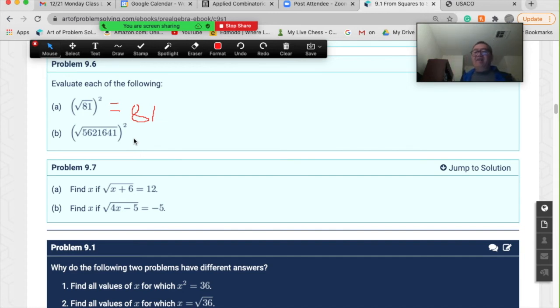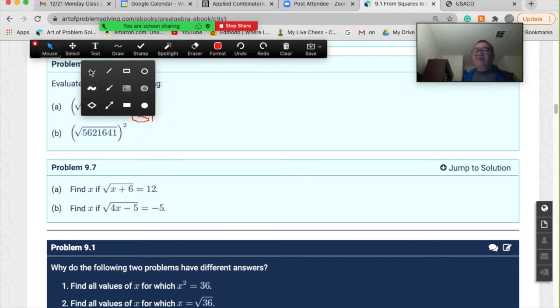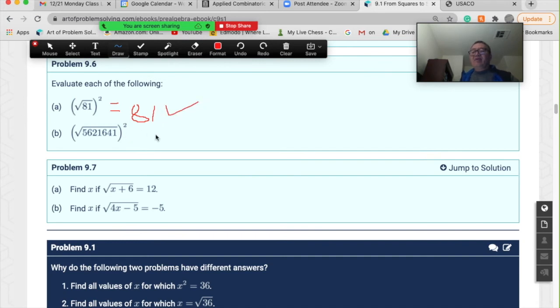Okay, that's correct. What's your answer for B? This equals this. I can't type, so I'm just going to circle this. Yes, that's correct. Okay, very good. Now let's go to 9.7.